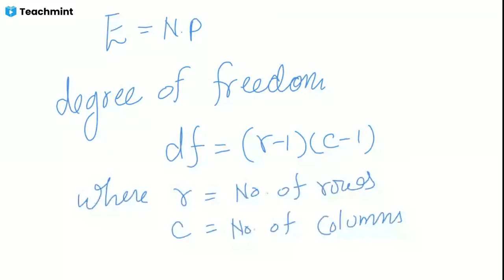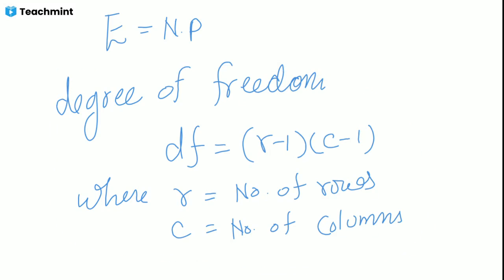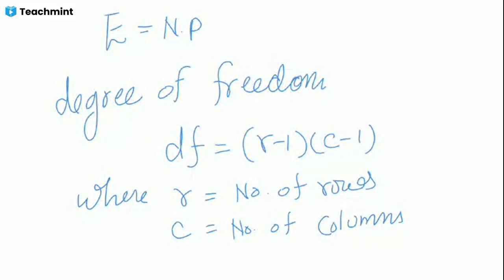So we'll find the degree of freedom when they ask. Otherwise, we'll do it by using this chi-square test. Most probably they'll ask you for the degree of freedom along with this test. So let us do this question.